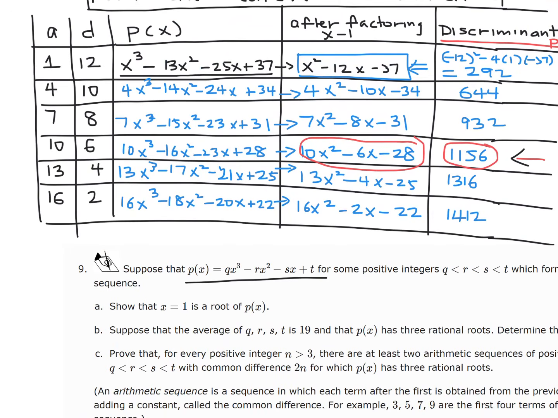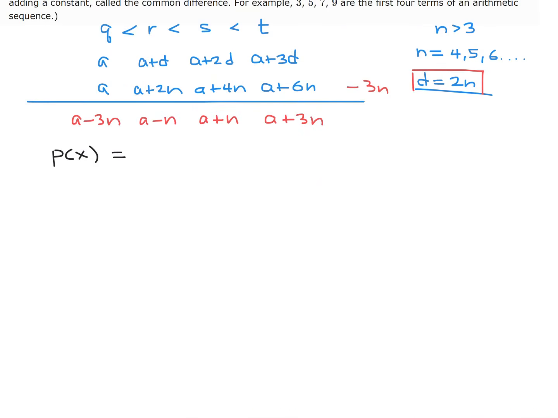So we are going to use these numbers for A and D. A is 10 and D is 6. So it's of the form 2n. So that means n is equal to 3. But n has to be greater than 3, right? That falls apart.